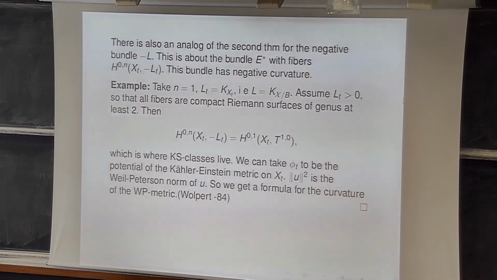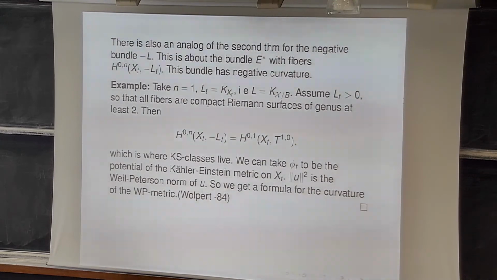And so now we're assuming that this is positive on fibers. The metrics are positive on fibers. So this means now the fibers are compact Riemann surfaces, and the canonical bundle being positive means that these Riemann surfaces have genus at least 2. So we have a family. Our total space is a family of Riemann surfaces of genus at least equal to 2.